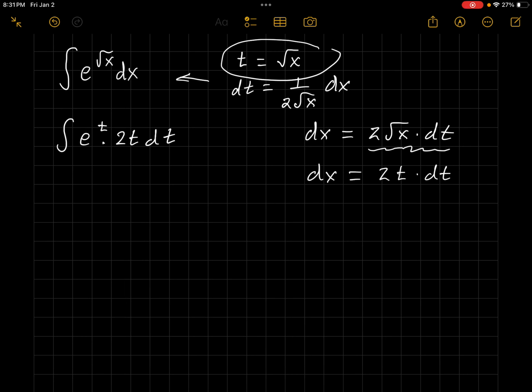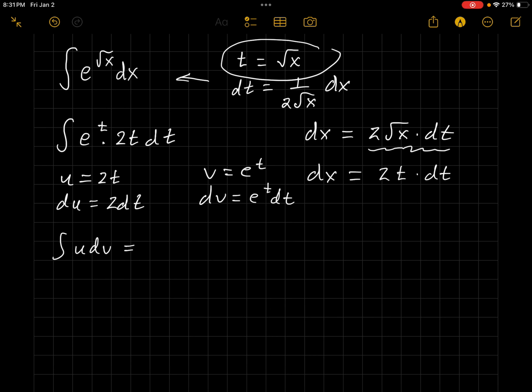I could do the tabular method. I'm just going to do kind of the old school way. Setting up my u and my dv, I will let u equal 2t, dv equal e to the t dt. Find my du and my v. And then I remember that the integral of u dv is uv minus the integral of v du.